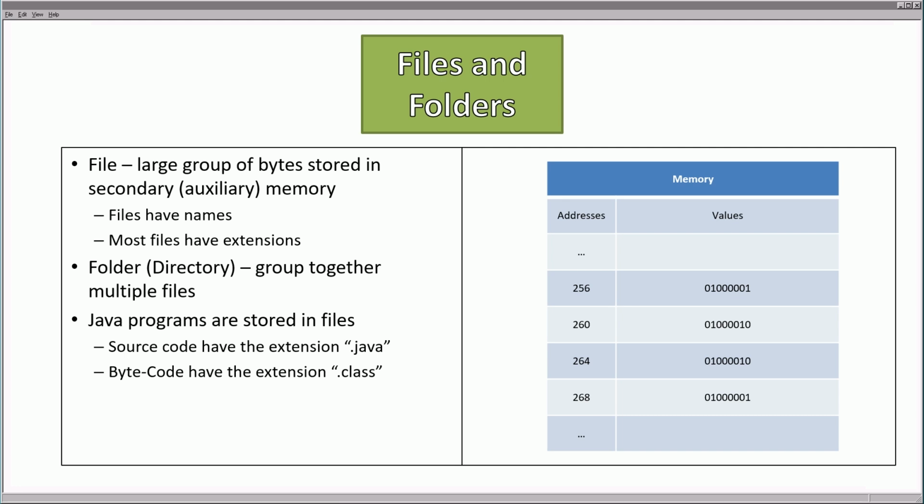Now, as we're going to be developing Java programs, the thing that we have to keep in mind is the source code has the extension .java. This is what we are writing. Now, what is produced by the compiler is what's called a bytecode or a .class file. We'll explore this in more detail in a little bit.